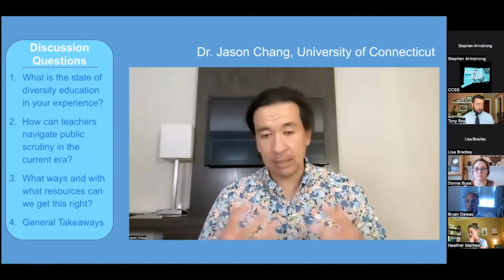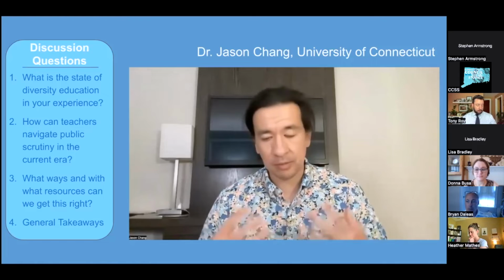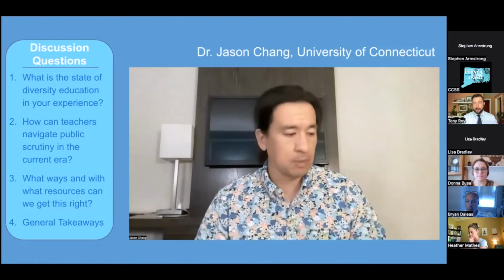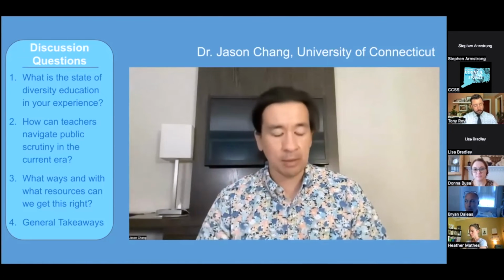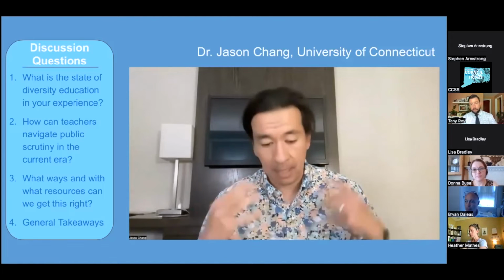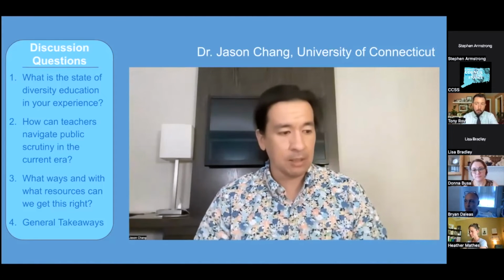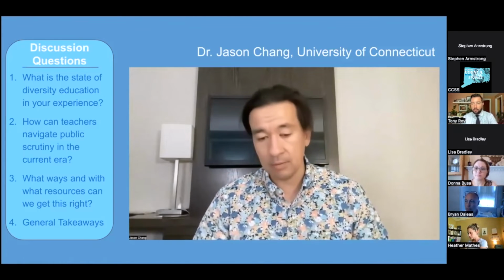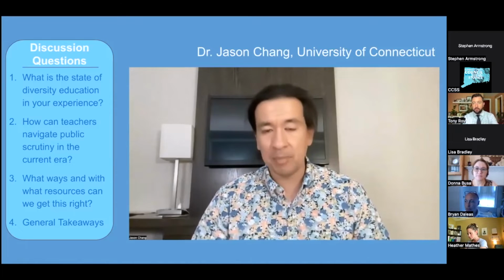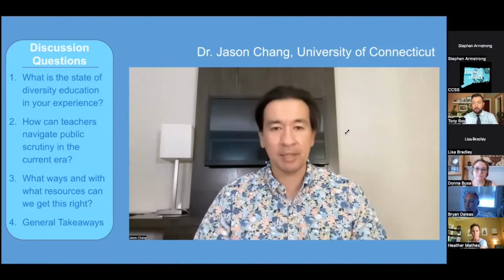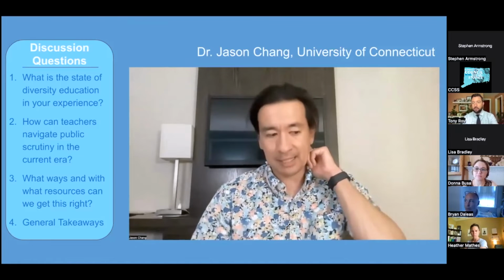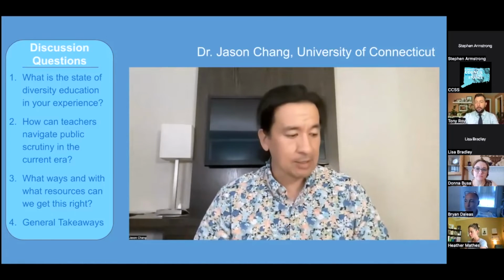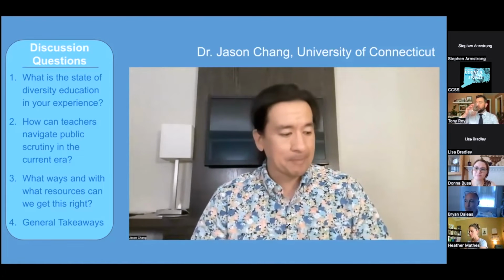I think these are wonderful touchstones that help me to refocus my thoughts on how to build what we've been thinking of as homegrown Asian American studies and Pacific Islander studies in Connecticut. What does that look like for our state here? This is really important work.